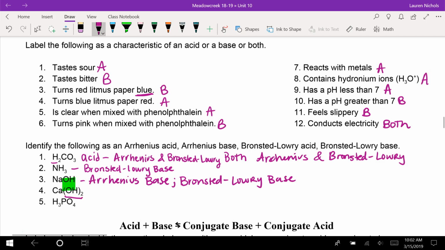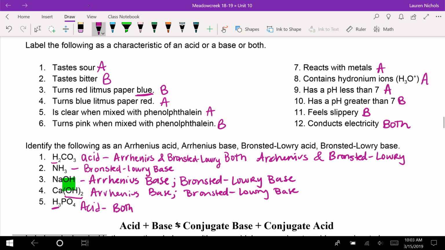Calcium hydroxide, again, could be an Arrhenius base or a Bronsted-Lowry base. It can be both. And then H3PO4, because it starts with H, that means we're going to have an acid, and I'm just going to write the word both. It can be both Arrhenius and Bronsted-Lowry.